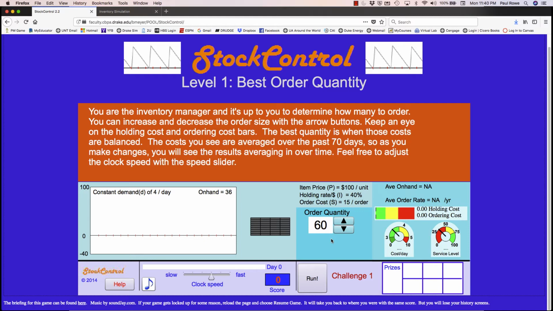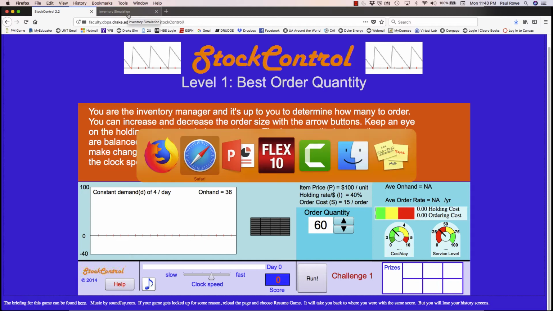But at the end, as you go through additional levels and you get more information, hopefully you'll start seeing the value of information. So the value of calculating your reorder points, the value of knowing when to reorder, the value of knowing how much to order instead of having to do that manually. So again, you want to go through several levels and answer the questions.